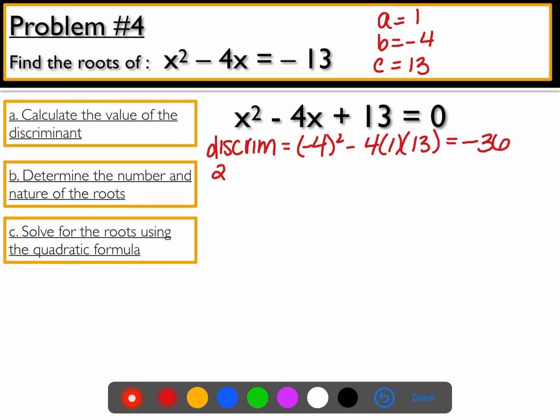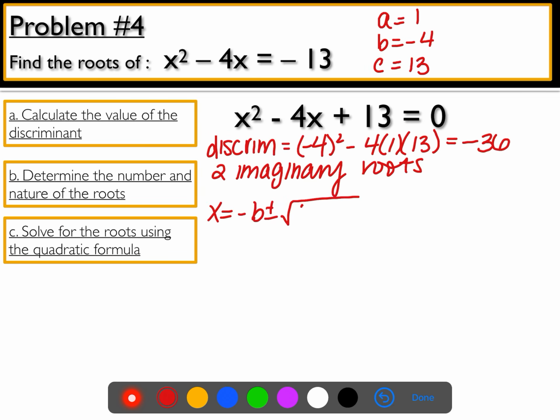You get -36. That means I'm going to have 2 imaginary roots, no real roots. So this graph does not cross the x-axis.